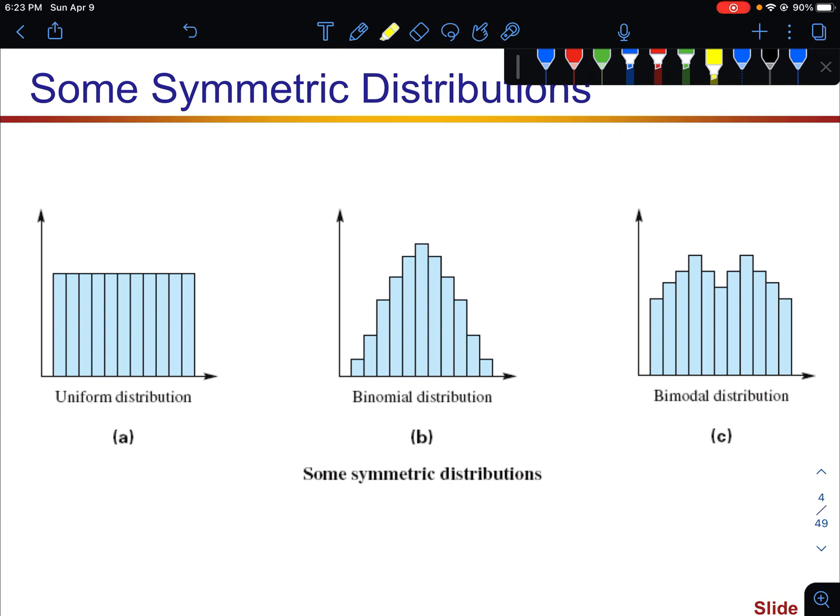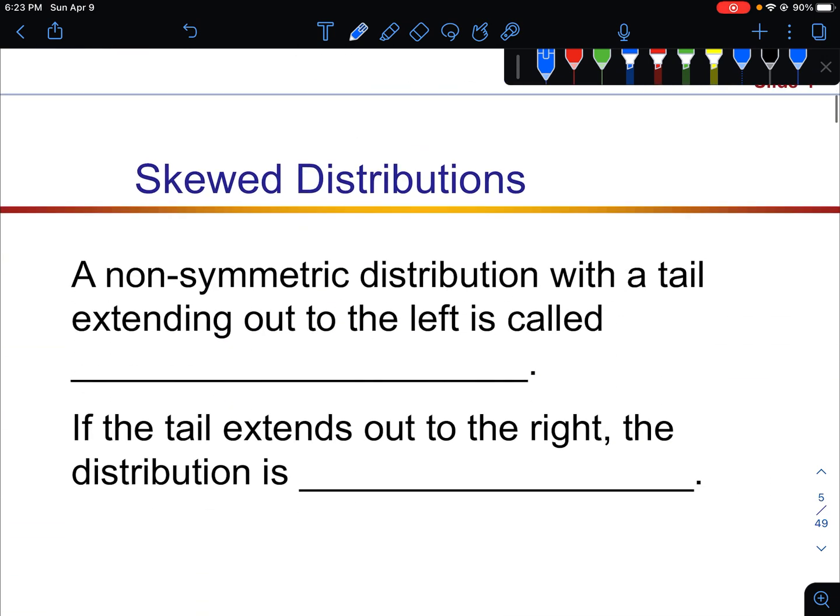And then the right one is a bimodal distribution, meaning that it has two peaks. It peaks up, goes down, and then peaks again, and then goes back down. Again, this one's going to be more bell-shaped, and we'll talk about that in a few slides.